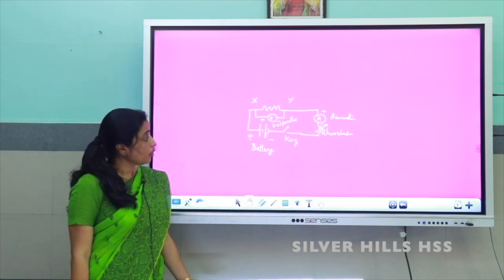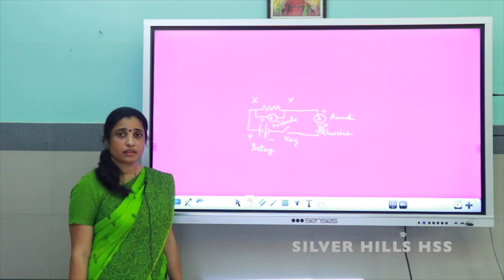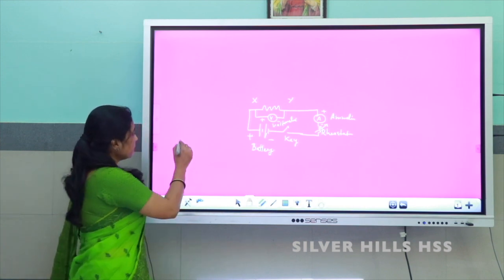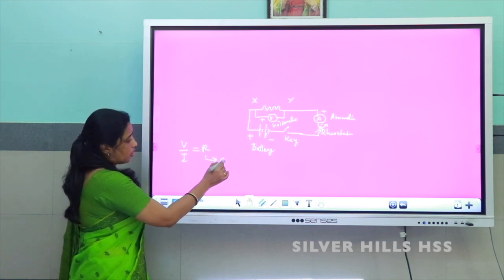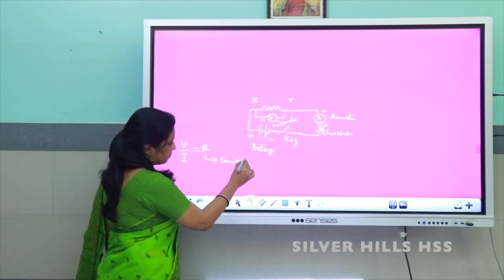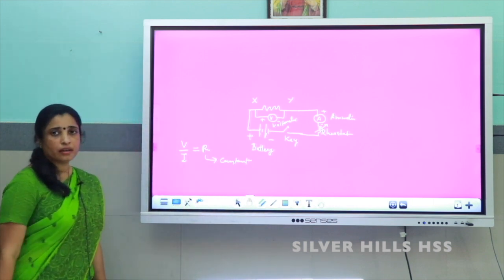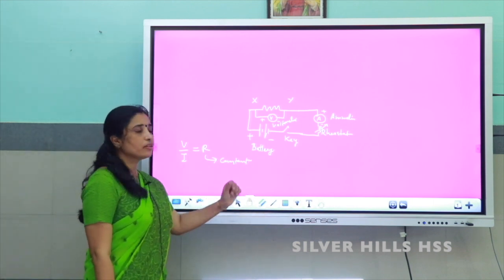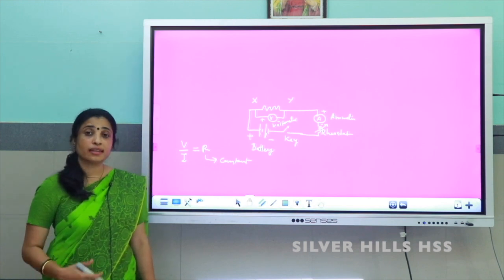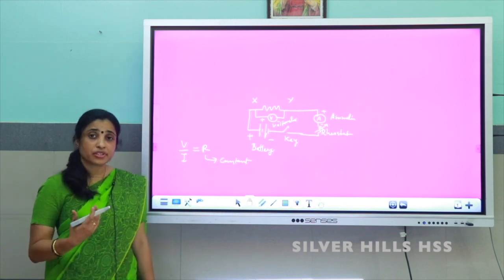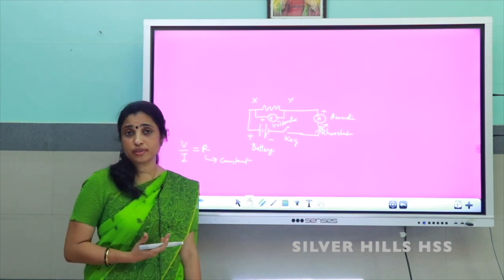Now, how do you do this experiment to see whether Ohm's law holds good? We have to get V by I equal to R, which is a constant. You switch on the circuit, current starts flowing through the circuit, and you take the ammeter reading, which gives the value of current flowing through the circuit.